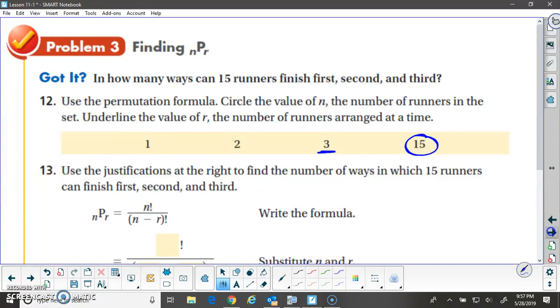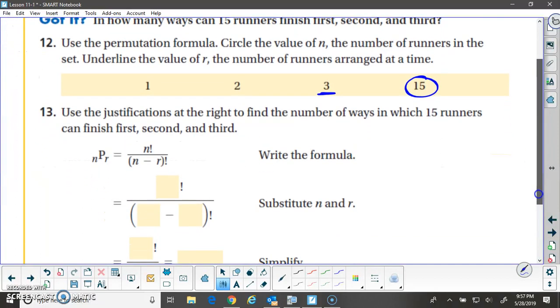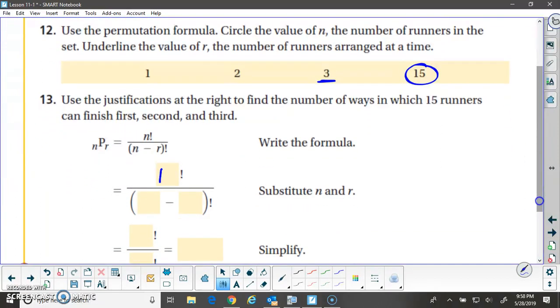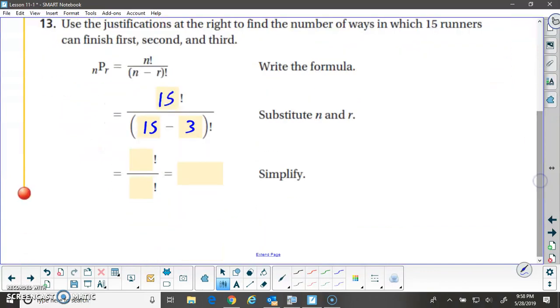So doing the problem down below, you can see that we're going to have 15 factorial in your numerator. In the bottom, it's going to be 15 minus 3 factorial. So this gives us 15 factorial over 12 factorial, which gives us the answer of 2,730.